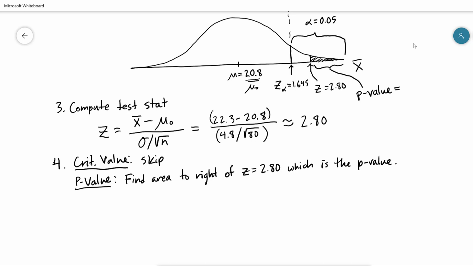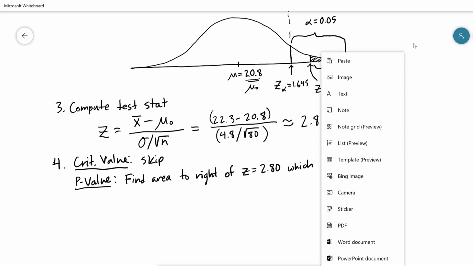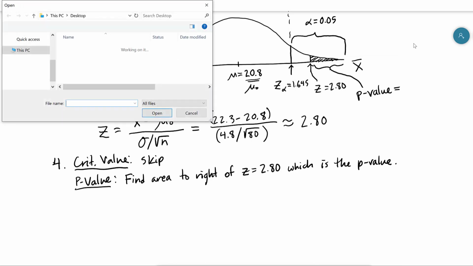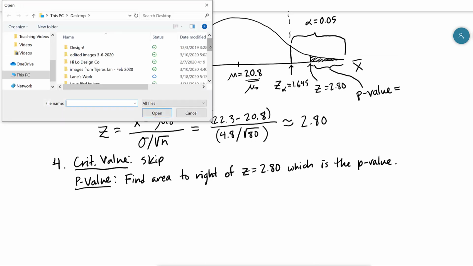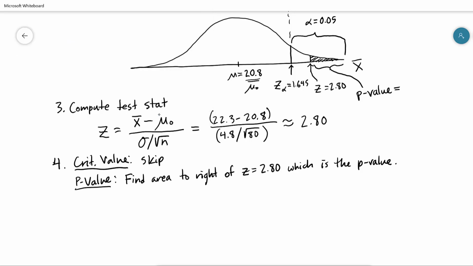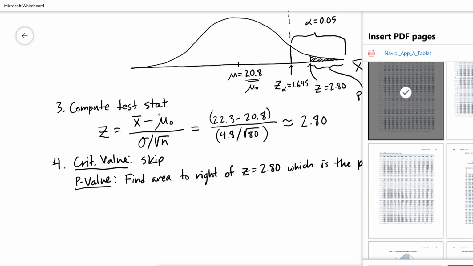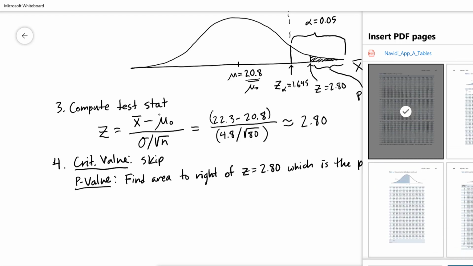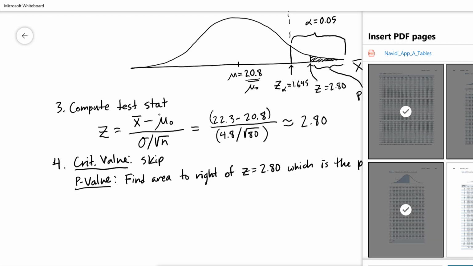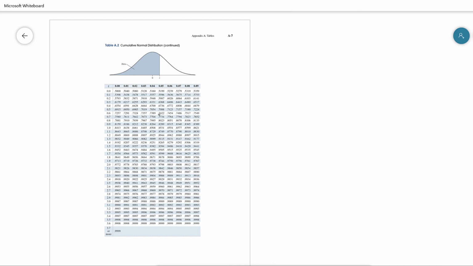So we've done this before. We can use table A2. I believe I deleted that from here. Let me add it in real quickly. I just need that page, skip that page, insert those.